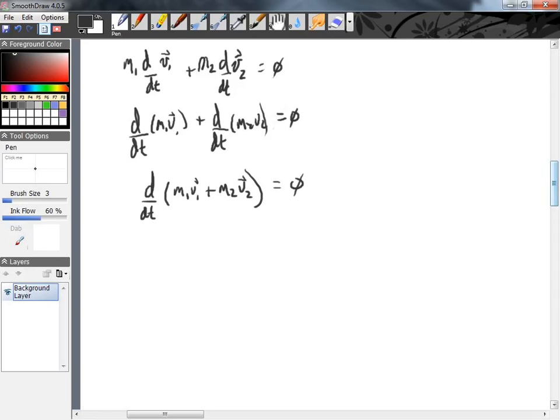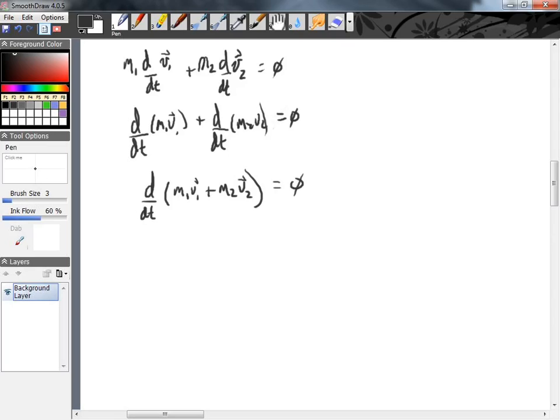What happens when the time derivative of something equals 0? If the time derivative is 0, that means it's constant, right?